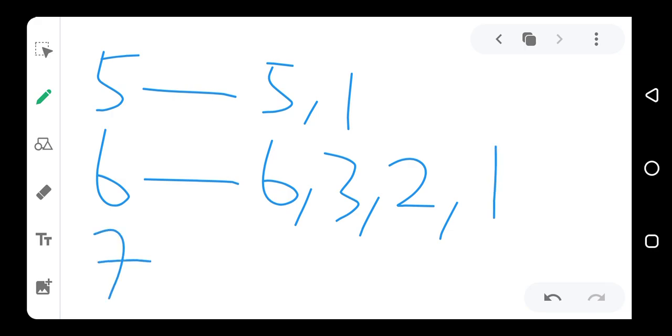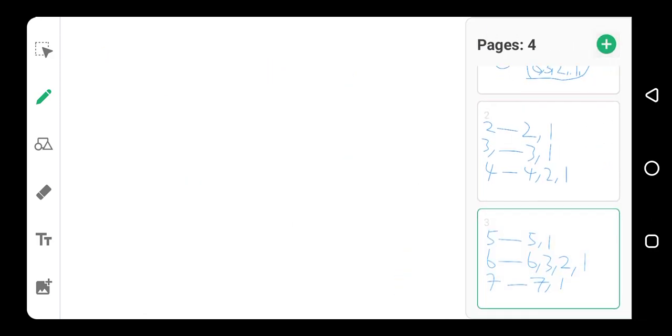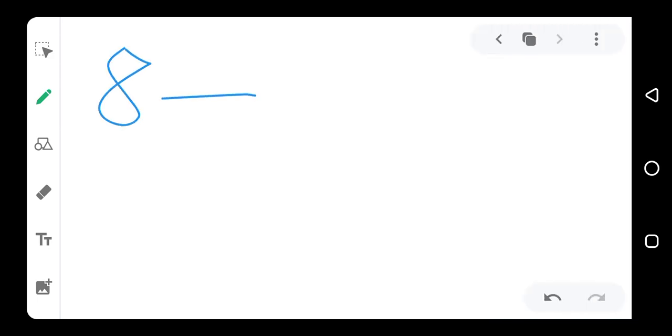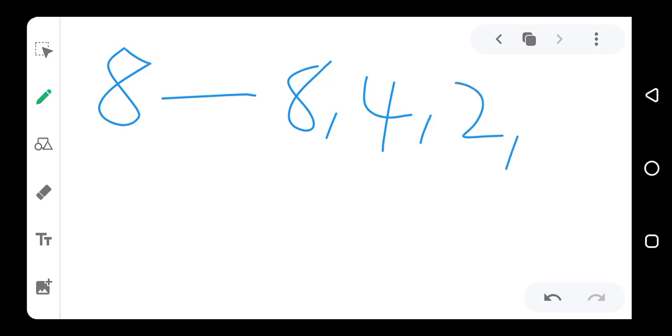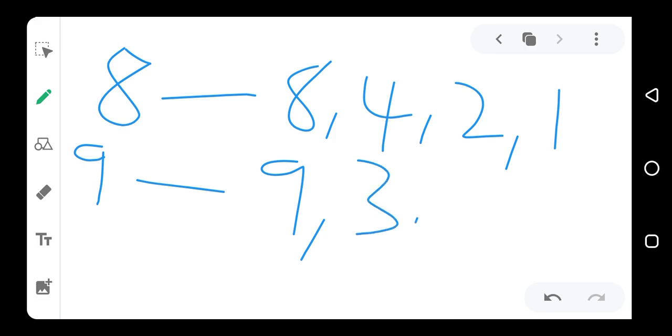7 can divide itself, and 1 can divide it. 8 can divide itself. 4 can divide it. 2 can divide it, and 1 can divide it. 9 can divide itself. 3 can divide it, and 1 can divide it.